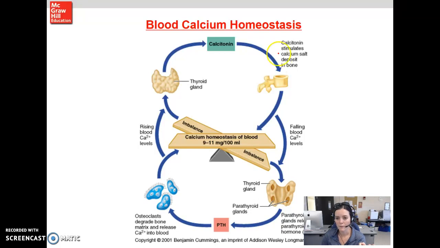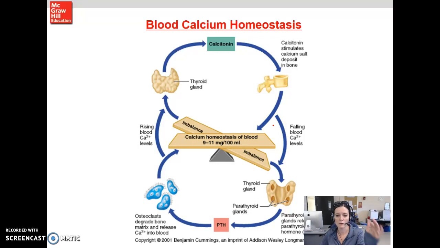The answer, hopefully you've already thought about it, is osteoblasts, because remember, osteoblasts build bone, and you build bone by creating extracellular matrix and depositing that calcium into the matrix. So calcitonin is going to stimulate osteoblast secretion. That adds the calcium to the bone, that drops the blood calcium levels and gets your calcium levels back to normal.